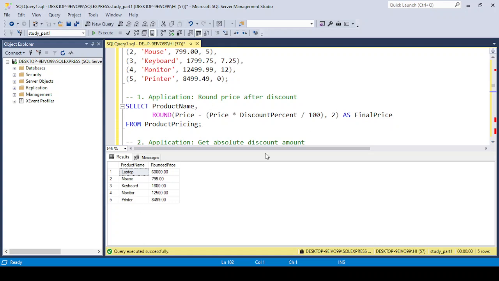So as you can see here, 849.49 is as it is, but if it is 0.5 and above, it is taken as the next value. 799 remains as it is, this is taken as the next value. This is also taken as the next value.